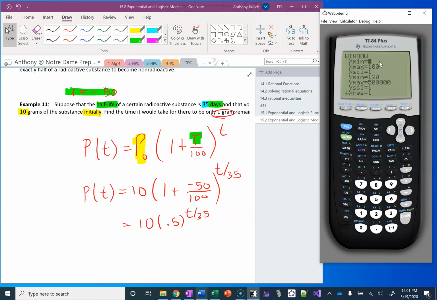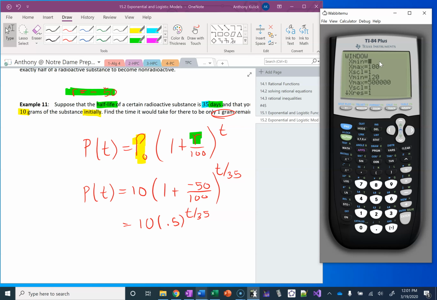And if we think about this in our head, 1 half-life is going to go from 10 to 5. That's 35 days. A second half-life is going to go from 5 to 2.5. That's another 35 days. 2.5 goes to like 1.25. That's another 35 days.